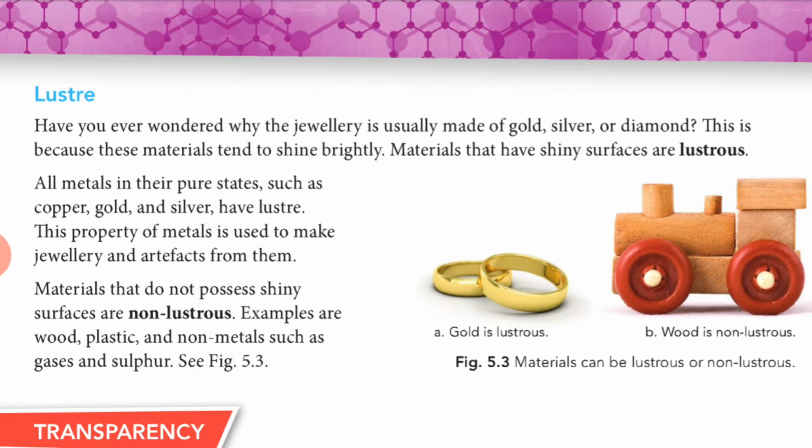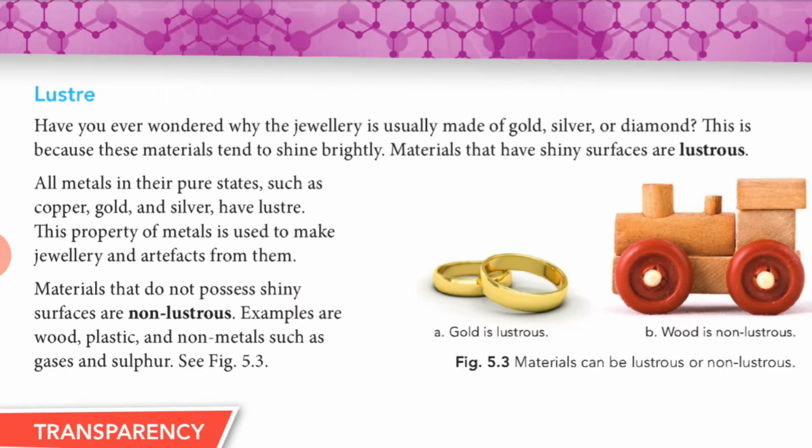Now it is luster. Luster means the materials which give shine are called lustrous, like ornaments made of gold and silver, jewelry, right? Steel too. These are all called lustrous materials.